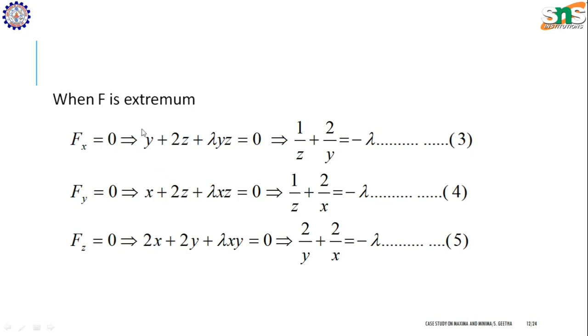Now Fx equal to 0 means this equation will become 1 by z plus 2 by y equal to minus lambda. Fy equal to 0 means 1 by z plus 2 by x equal to minus lambda. Fz equal to 0 means 2 by y plus 2 by x equal to minus lambda. So keep these as equations 3, 4 and 5.